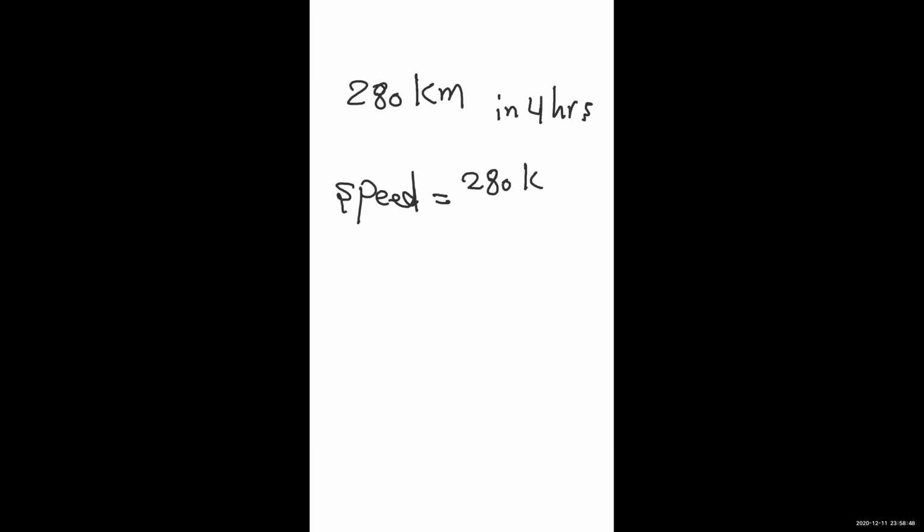Then one more example. A car covers 280 kilometers in 4 hours. Find the speed of this car. The speed of the car or the rate of the car will equal 280 kilometers over 4 hours, right?